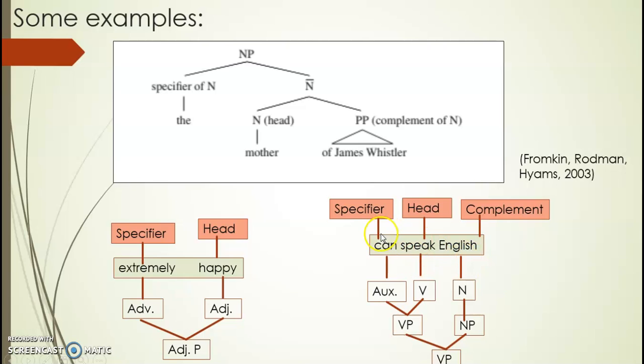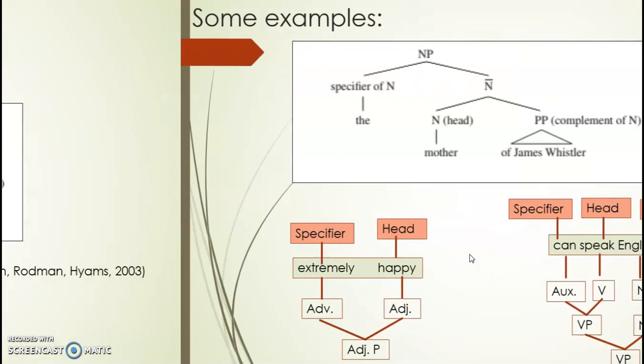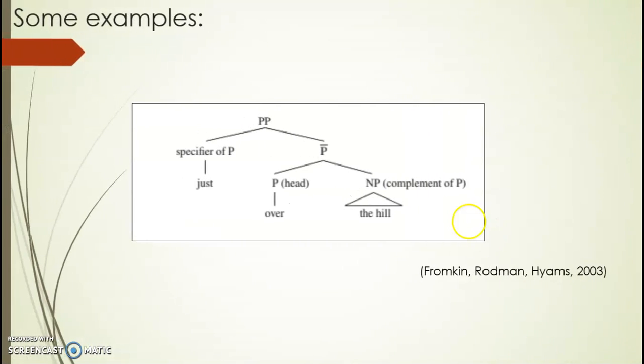Can speak English. English is a noun, speak a verb, can an auxiliary. English is a noun phrase, can speak is a verb phrase, and the noun phrase is embedded in the verb phrase. So can is the specifier, speak is the head, and the complement is English. Have a look at this prepositional phrase: just over the hill. Over is the head, the hill is a noun phrase, and just is a specifier.